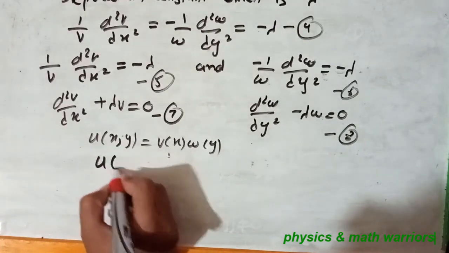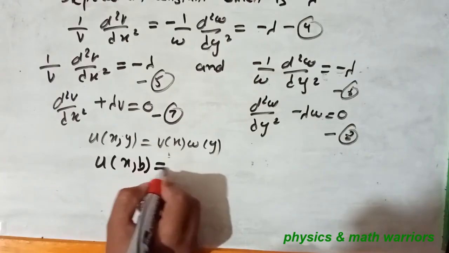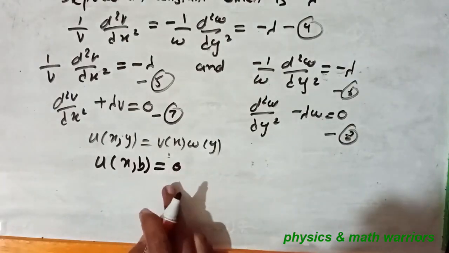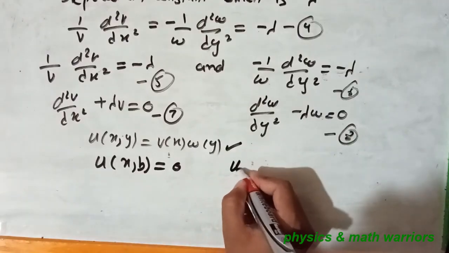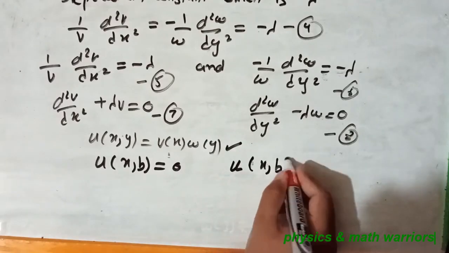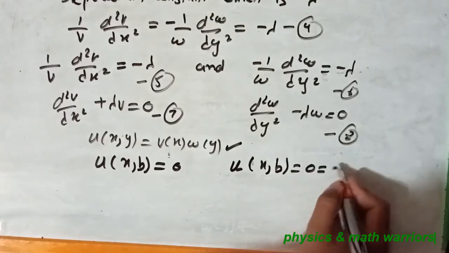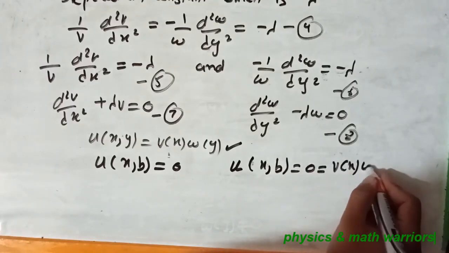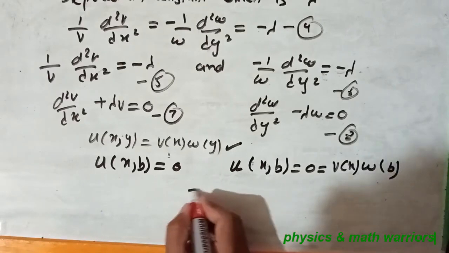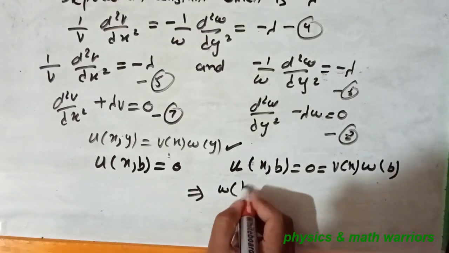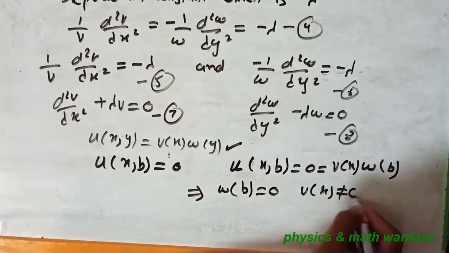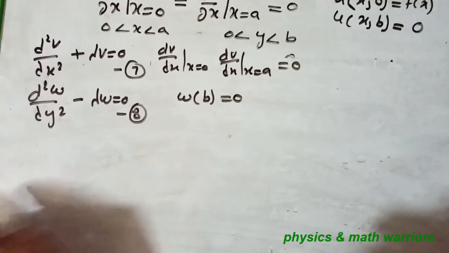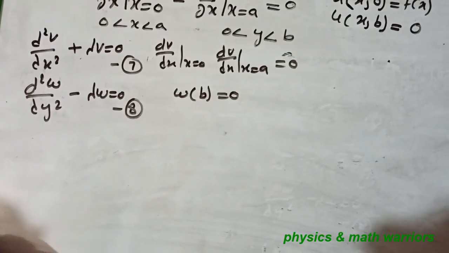We have u of x and b is equal to 0 means put y is equal to b in this equation. So this become u of x b is equal to 0 is equal to v of x omega of b means omega of b is equal to 0 and v of x is not equal to 0. Now we have equation 7 and equation 8.